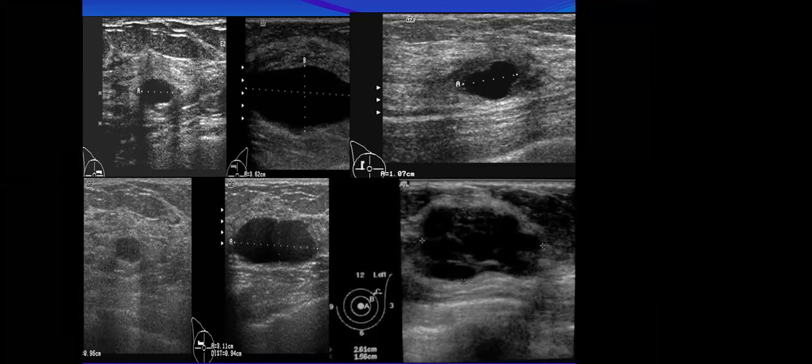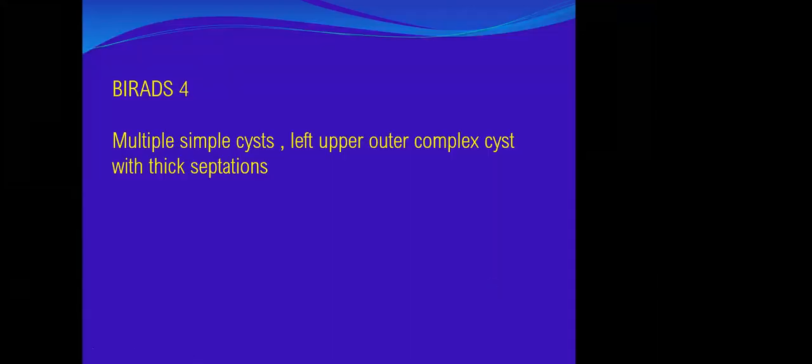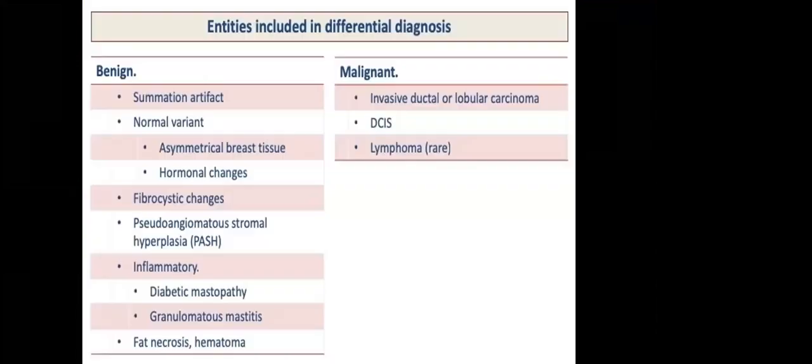We said simple is BIRADS 2, complicated is BIRADS 3, and complex is BIRADS 4. So this is the left breast. The right breast is BIRADS 2, but the left breast is BIRADS 4. So the patient has multiple simple cysts, but the left upper outer complex cyst makes the patient BIRADS 4.